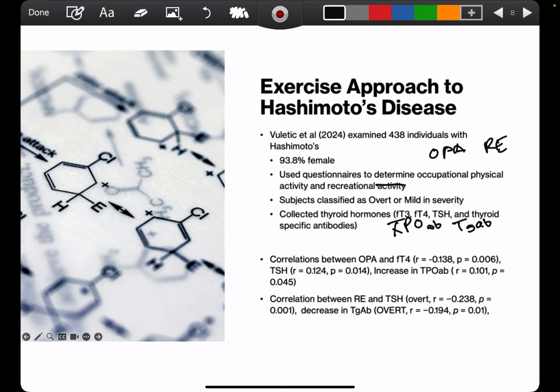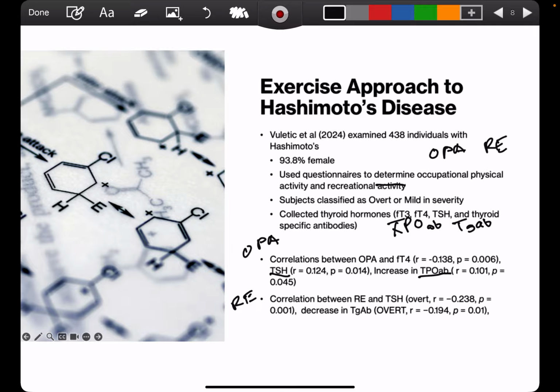They found correlations between OPA and free T4, TSH, and thyroid peroxidase antibodies. The correlation between OPA and T4 was a decrease in T4. There was an increase in TSH and an increase in thyroid peroxidase antibodies.